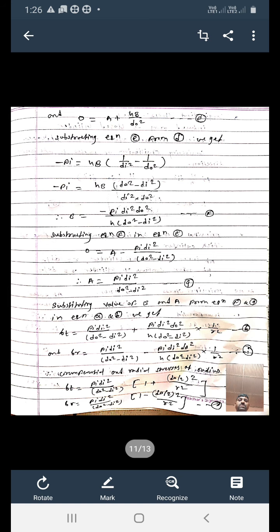Then I will substitute equation number F in equation number E. Then you will get A is equal to Pi di square divided by (do square minus di square).